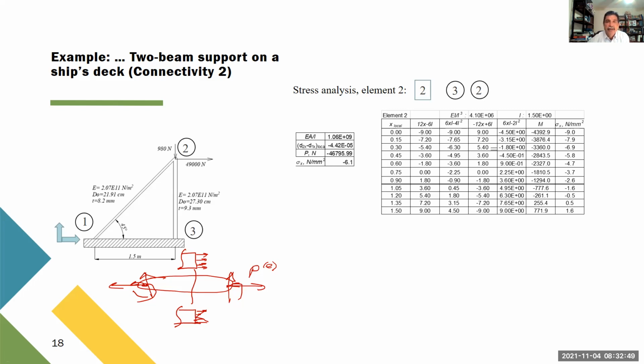So that's what we do here. In this case, these are the values that we need to combine. Here, this is the stress, this is in compression, and this is the stress. But along this element, the normal stress because of the P force is uniform, is constant. But the bending moment changes. That means that this value also changes.